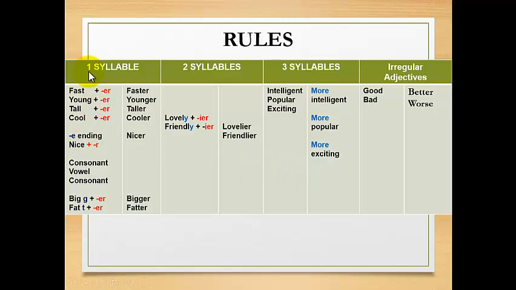So these are the rules for comparative adjectives. Remember, we have one syllable adjectives, two syllable adjectives, three syllable adjectives or more, and irregular. Let's see an example quickly.